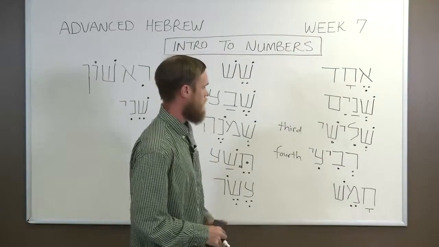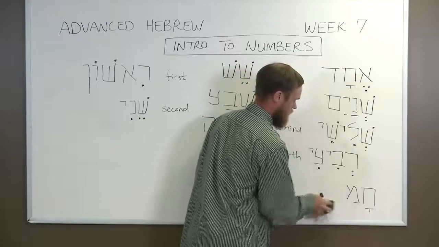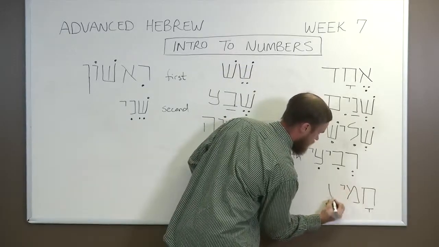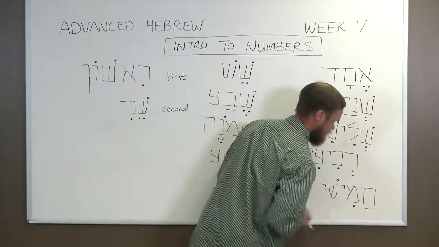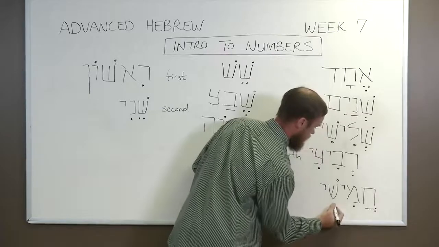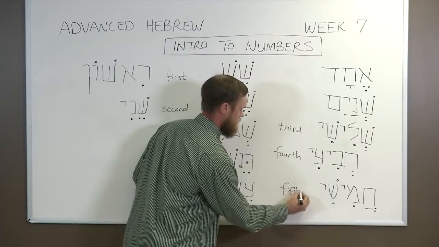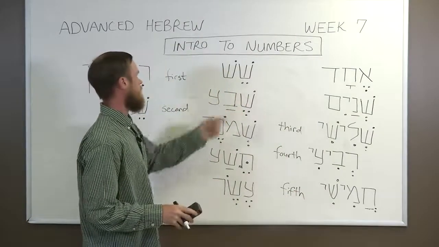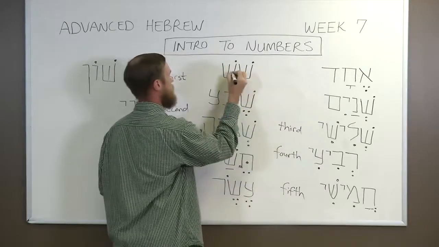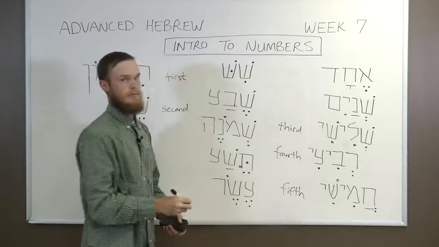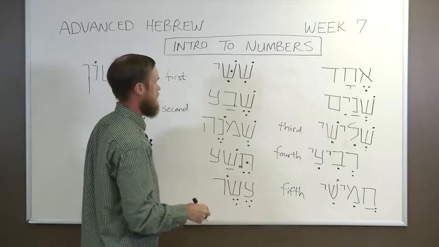Okay. Chamesh becomes Chamishi. Minor vowel change there. Chamishi is fifth. Right? Sixth, instead of adding a yod, sixth just puts a dagesh in the second shin. Shishi, sixth.